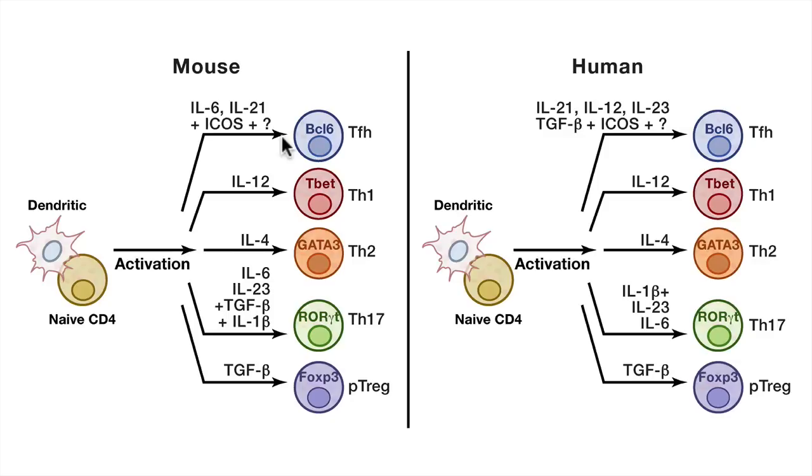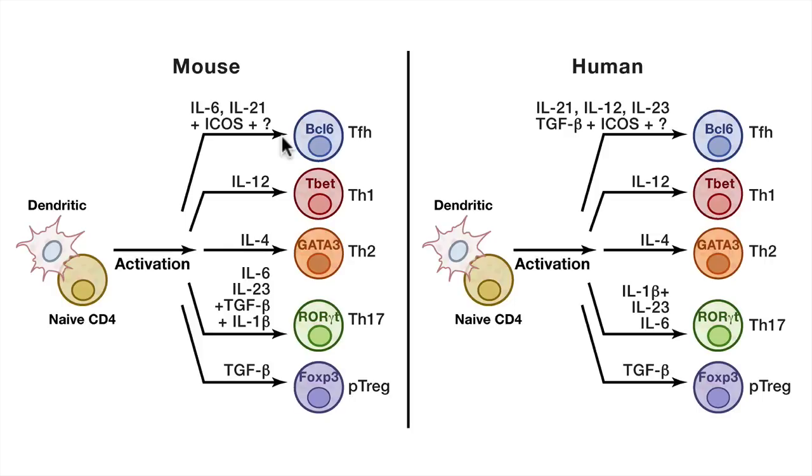a very important problem in TFH cell biology is that there is no reproducible way to differentiate TFH cells in vitro to date. There have been sporadic successes, but nothing reproducible across many labs, indicating that we still don't know all the signals necessary for TFH differentiation, or possibly that there are inhibitors in the in vitro conditions.